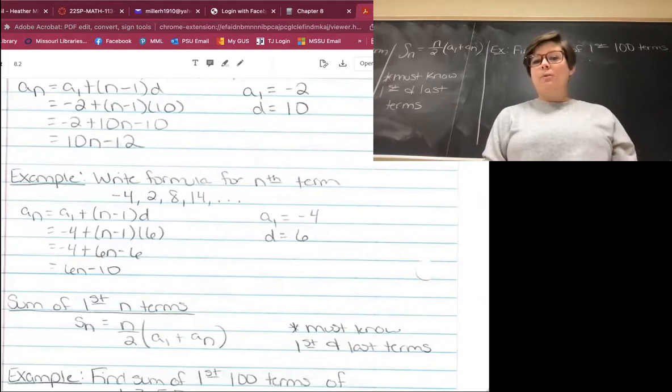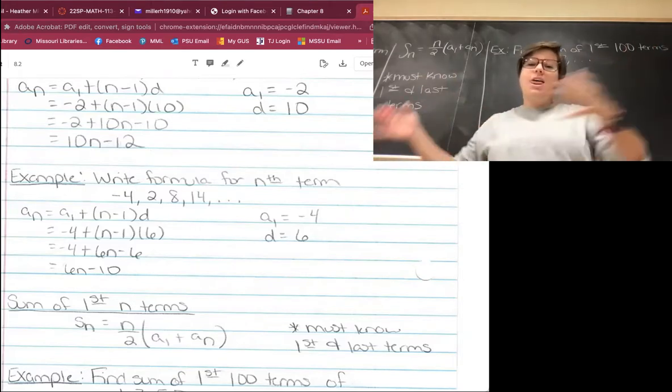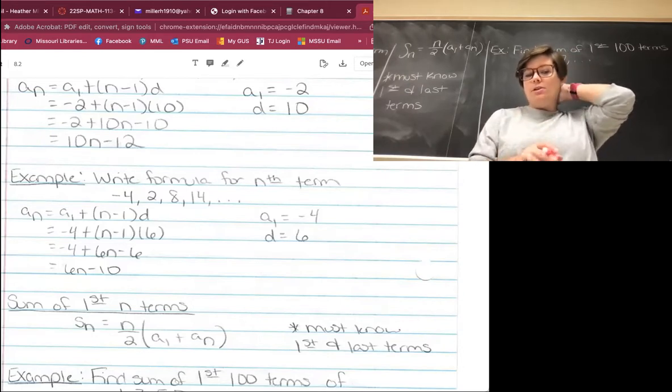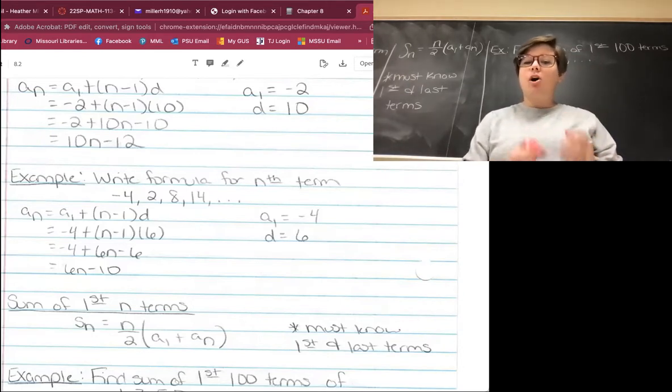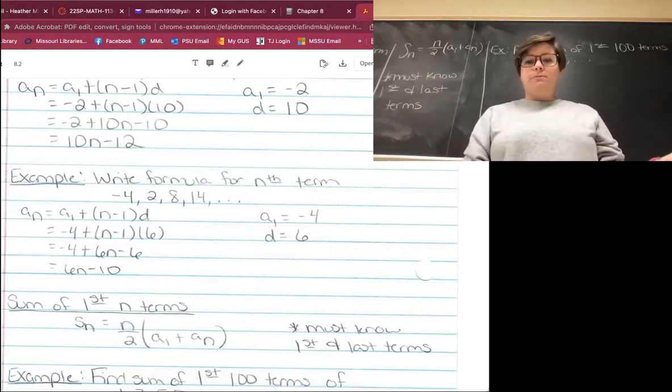The problem with that is if we had to find the sum of the first 100 terms, then we'd have to actually find all those terms, then add them together. This new sum is very, very nice because all we have to find is the first and the last term. We don't have to find everything in between.